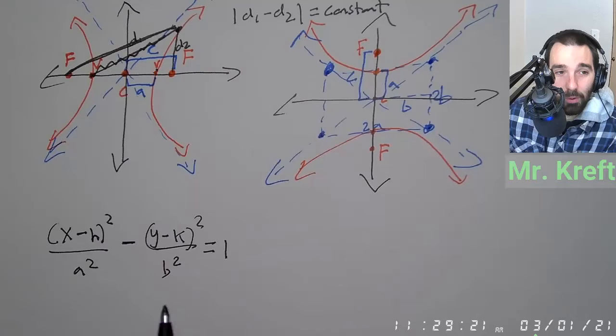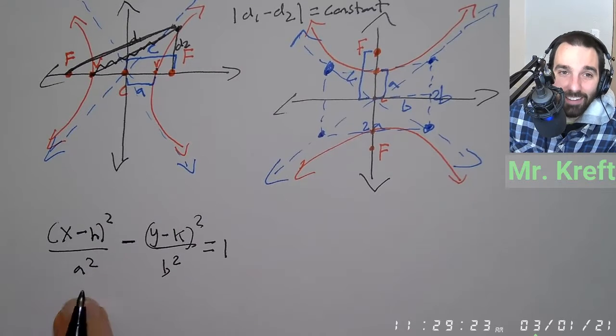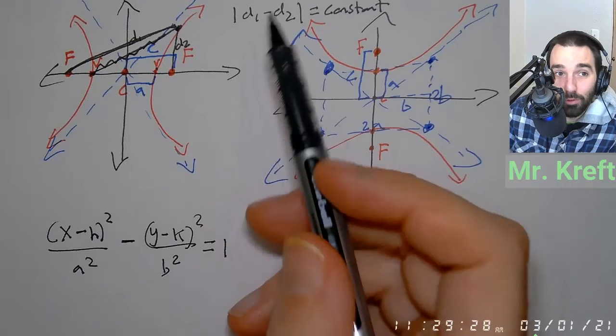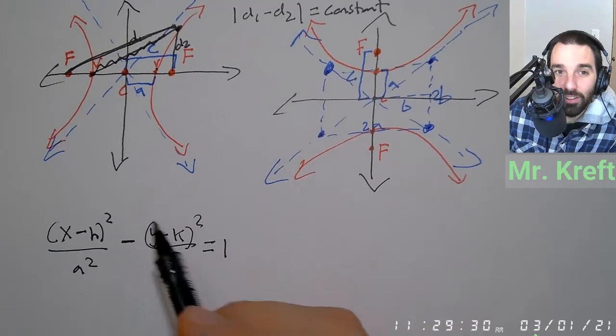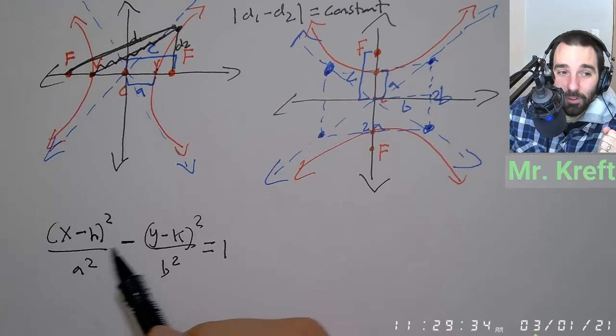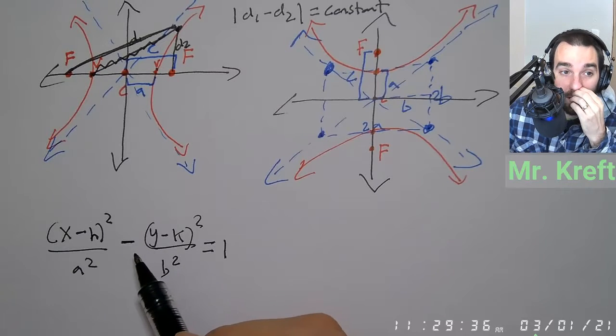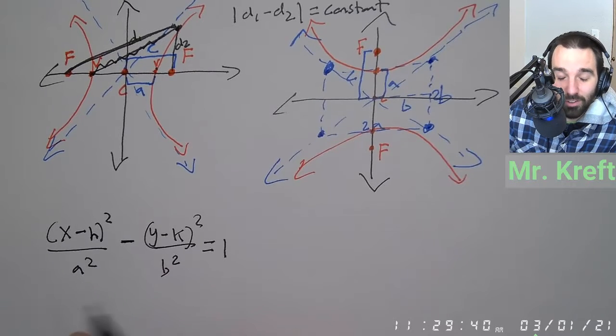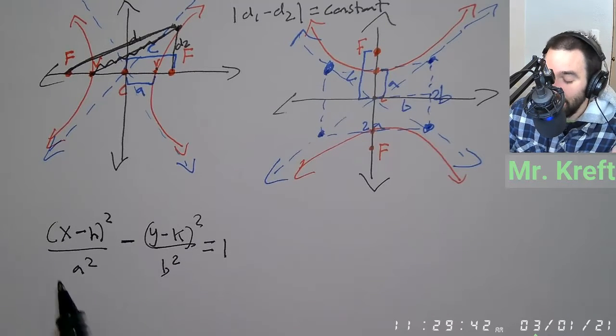The other thing that's really important is the major has to come first. And the reason why it has to come first, remember we did the absolute value up here? Well, to avoid using an absolute value down here, the bigger one has to come first because you're subtracting. You could just keep it like this, but then you'd have to put the absolute value symbol there, and it just complicates everything.